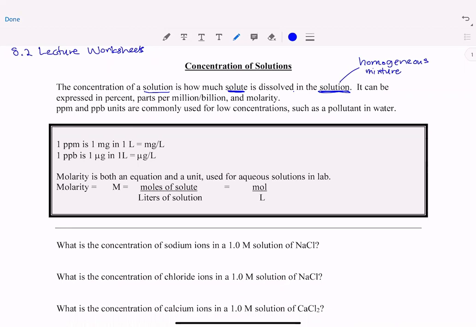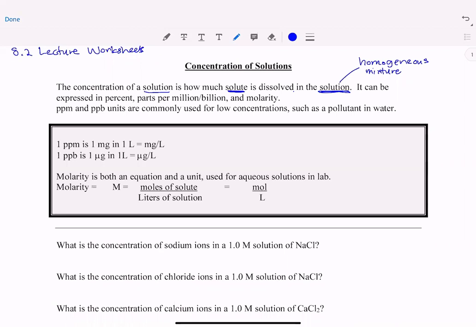Just like you have units of measurement, where length can be in meters or feet, you have units of concentration that can be in different units. They're all equally correct, but they're used for different amounts of concentration. We've seen this before with air quality, the air pollutants, which are at very low concentration, which is what you want for any pollutant.